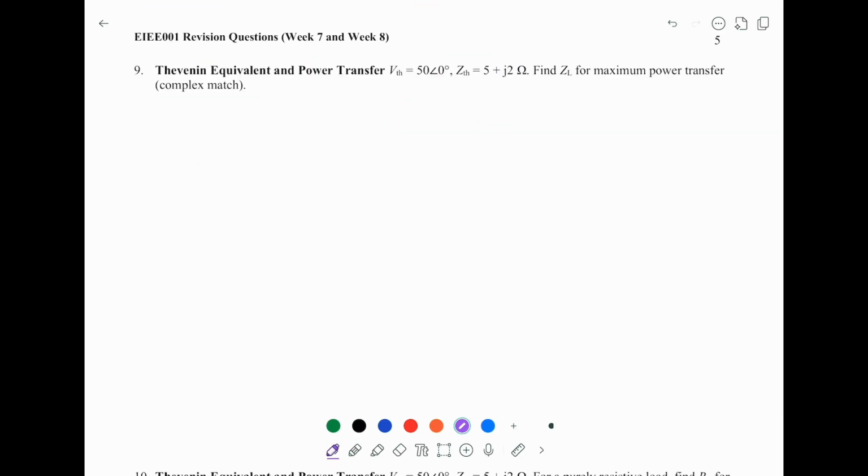Similar to the DC circuit, in the AC circuit, you can always reduce your circuit into an AC source, and we call this the Thevenin AC source. Remember, this is an AC source, and we can reduce all your circuit into a complex impedance. So this is Z, and now you have a load.